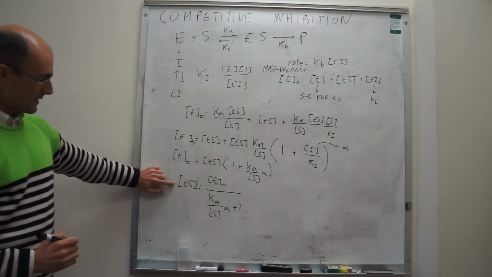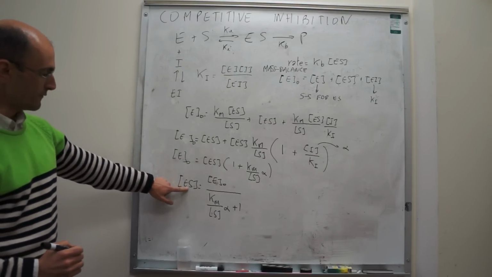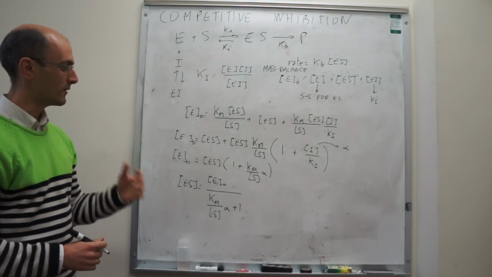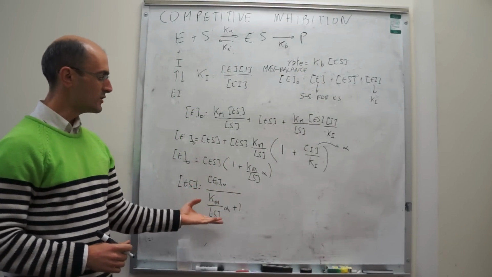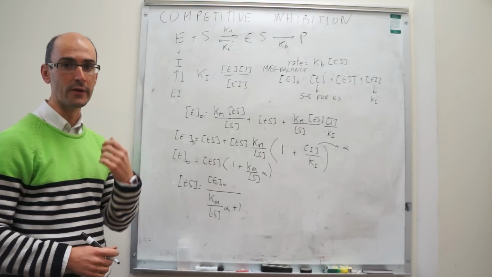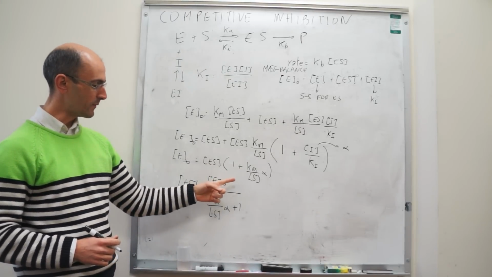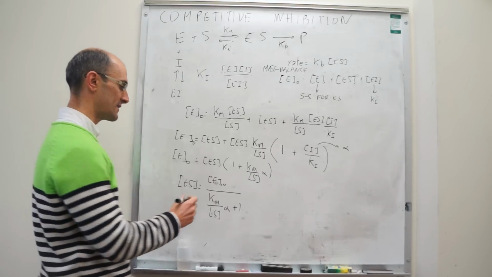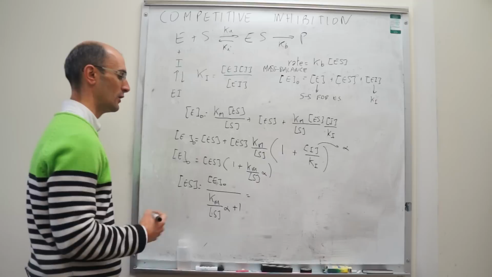So this is already the solution for ES, which now we could plug right here and then proceed to find the rate law. But I'm going to simplify this so that it has an appearance that is very familiar to other rate laws that we have written. What I'm going to do is multiply here and there by the concentration of substrate. And again, that is going to give this expression a very familiar look.